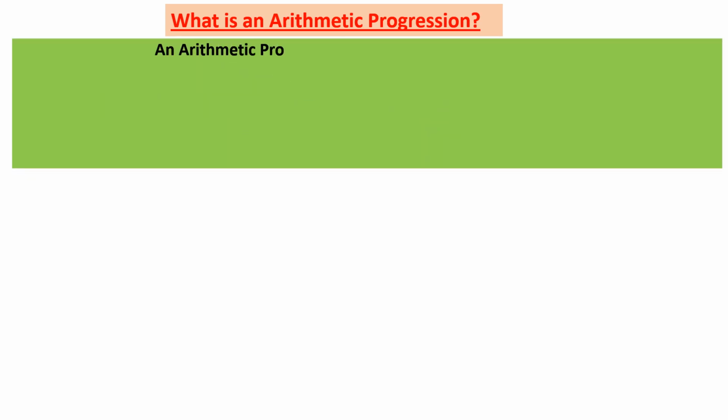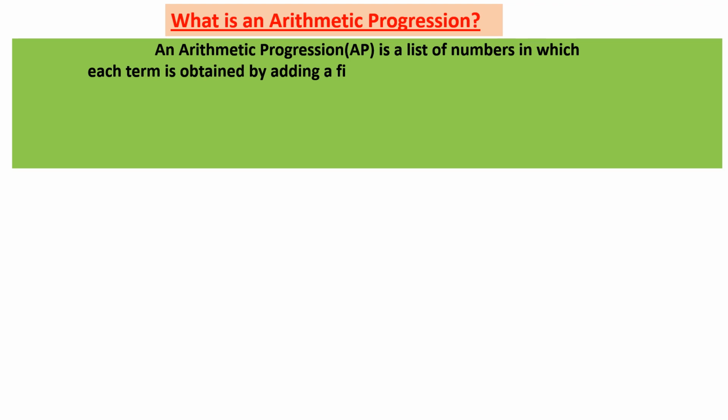Here is the definition. An arithmetic progression, or abbreviated as AP, is a list of numbers in which each term is obtained by adding a fixed number to the preceding term except the first term.